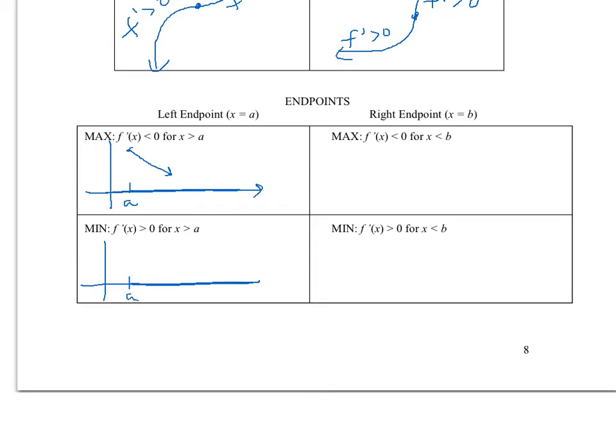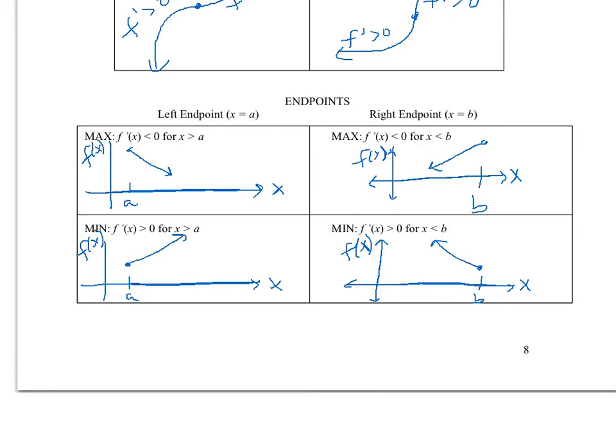If your derivative is greater than 0, meaning the slope is positive after that endpoint, you're going to have a minimum. So go ahead and do the right endpoints and show what the function would have to look like and how your derivative would match up with that.